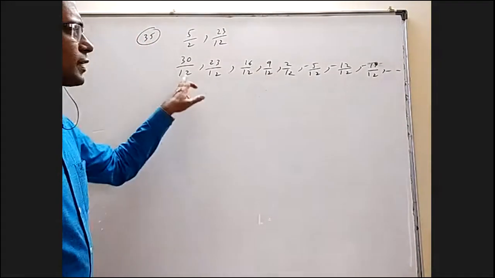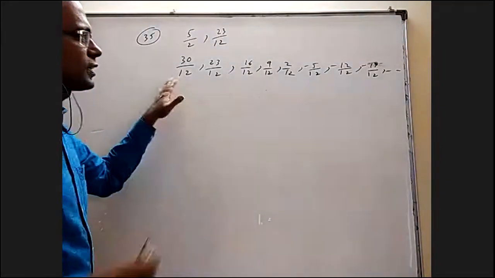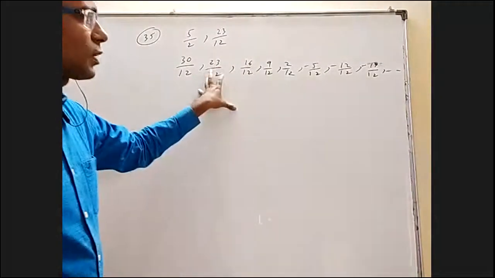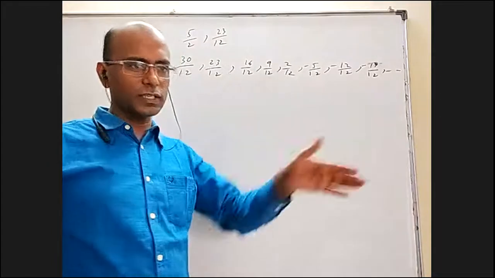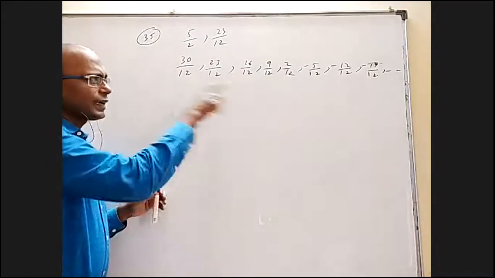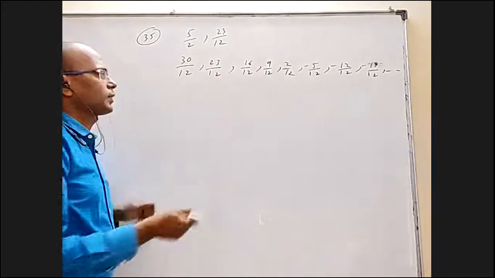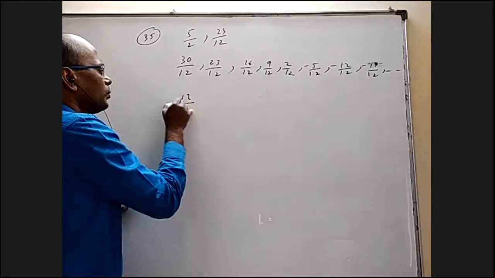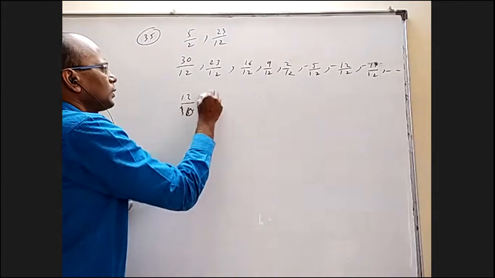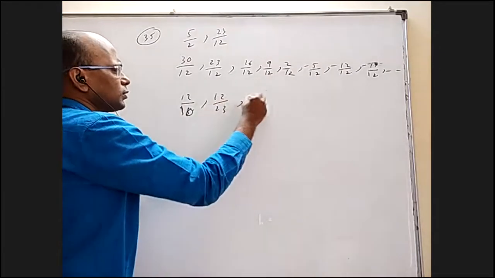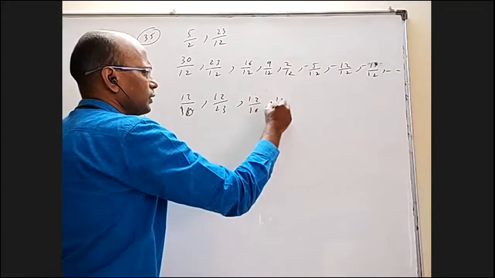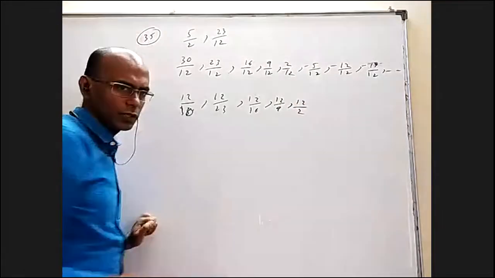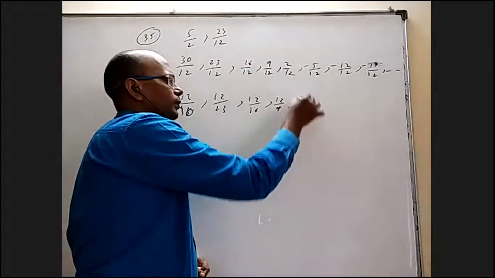All right. So you can see if you take the reciprocals and take the AP part, initial terms are positive, later on terms are negative. It's a decreasing one. When you take reciprocals, see what happens. It will be increasing. 12 by 30, 12 by 23, 12 by 16, 12 by 9, 12 by 2. It is increasing. So this is the highest term.